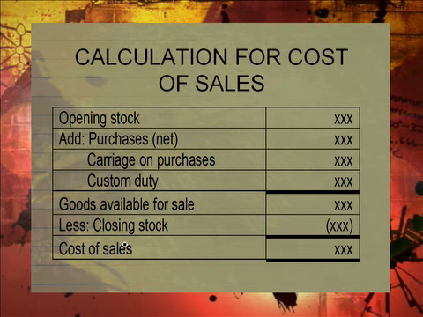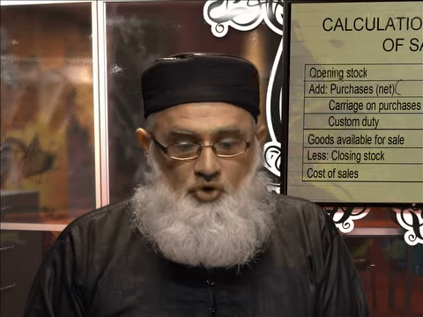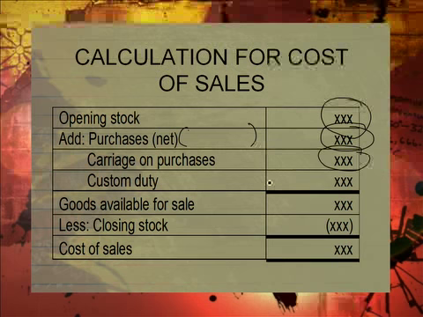We've done all of this. Now, if you were asked to do a calculation of cost of sales, how would you do that? Remember, you start off with your opening stock, you add your net purchases, same would apply, show brackets if you have to, if there are amounts that you need to show, add your carriage on purchases, add your customs duties.